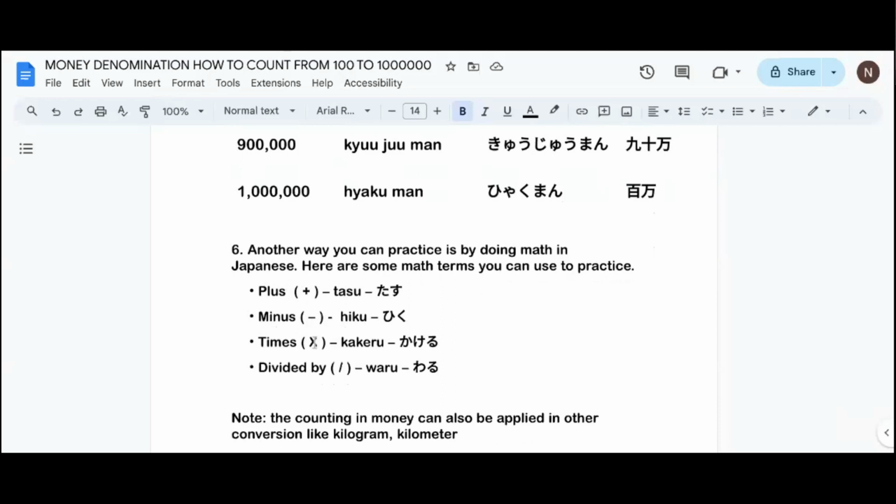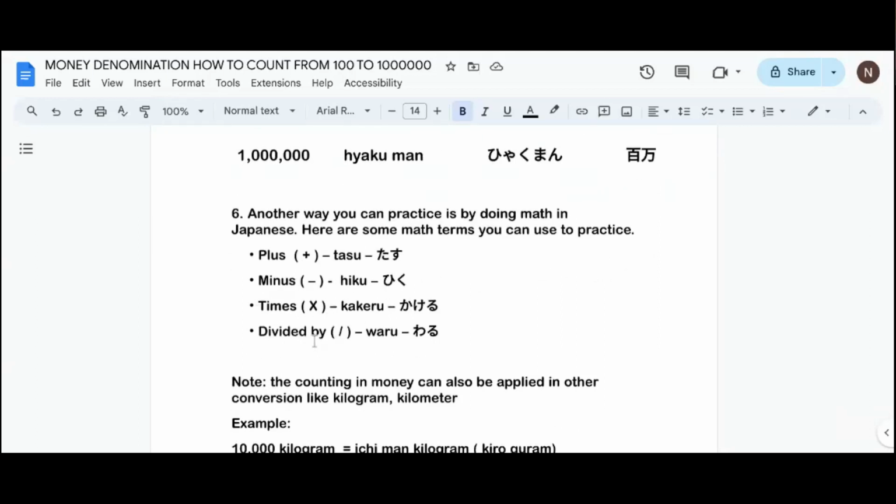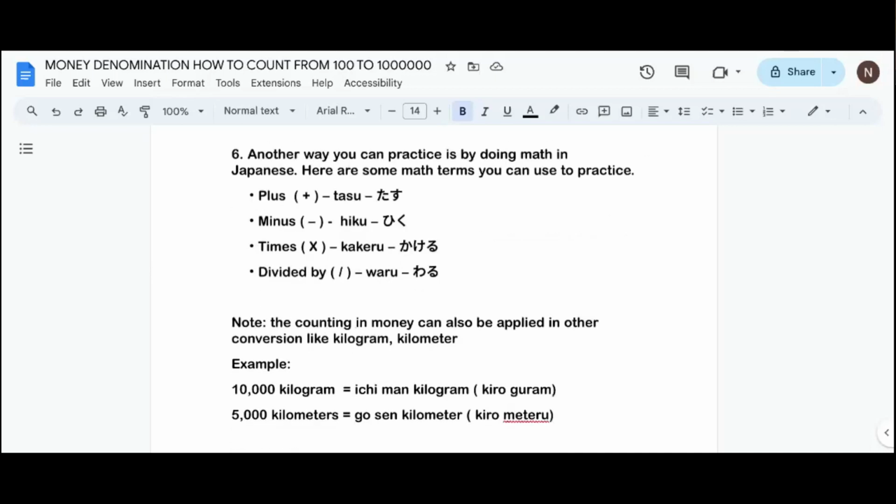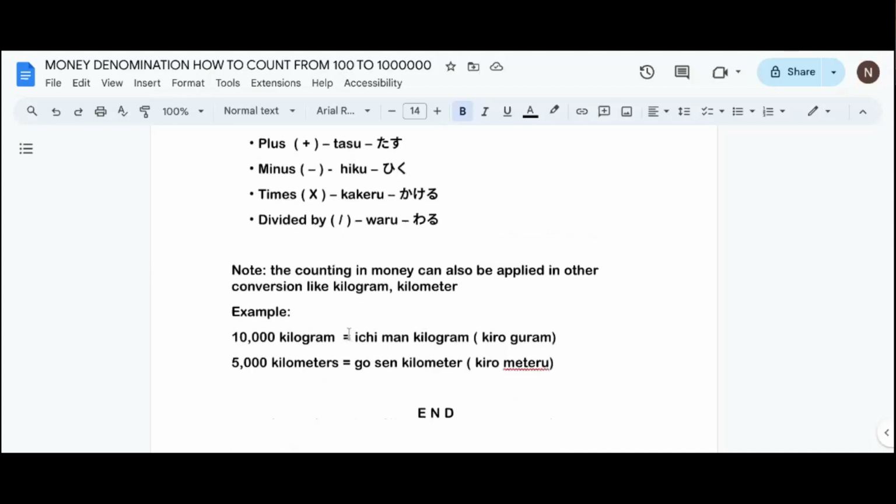Okay, and for your multiplication or the times, it is kakeru. Now for your division, it is waru.